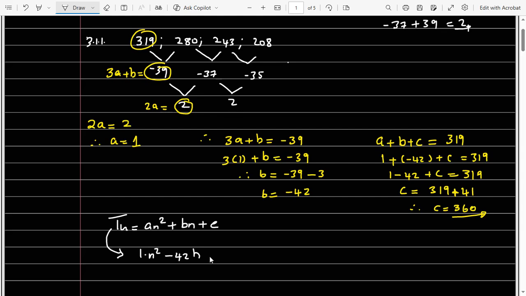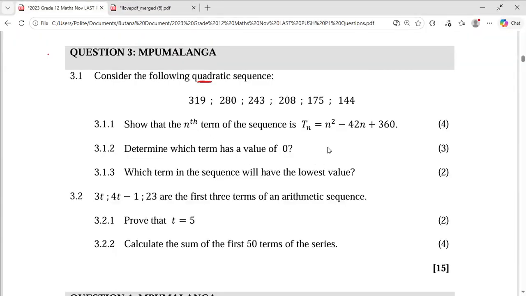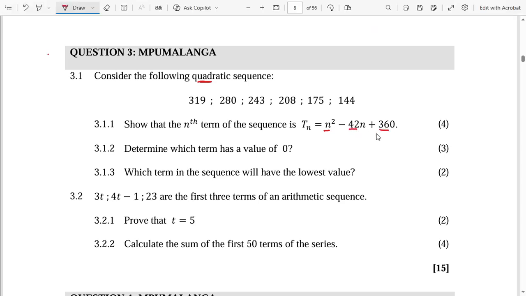And then we have c, which is plus 360. So let's go and verify if this is what they wanted us to prove. So if I look at this, n squared minus 42n plus 360, yay. So we got it right. So this is how you work on finding the nth term of the sequence. Now, can we go to the next question now?